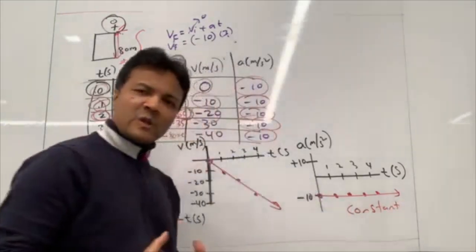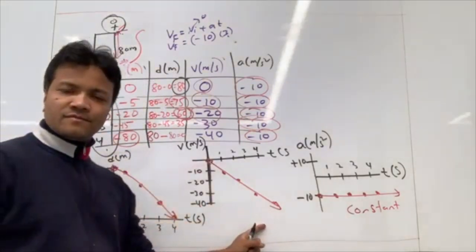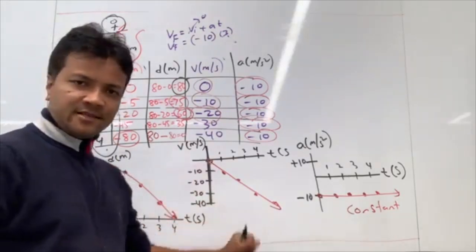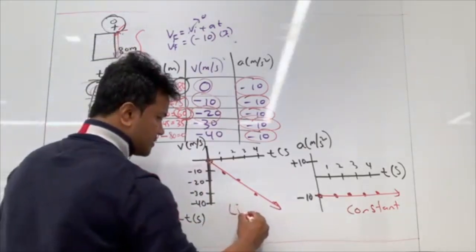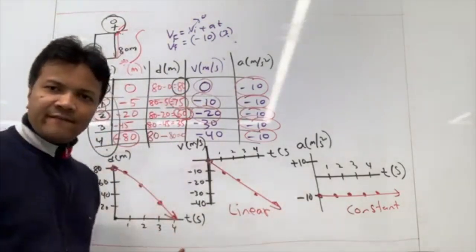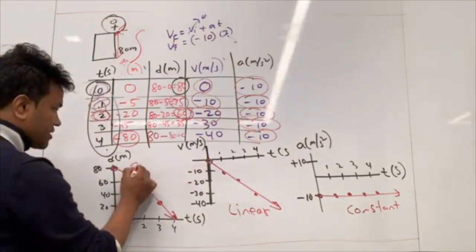We also can conclude that velocity, VT graph, is linear. We can conclude that DT graph is a second degree polynomial, quadratic.